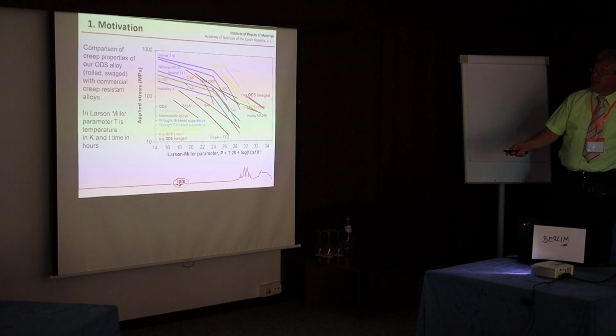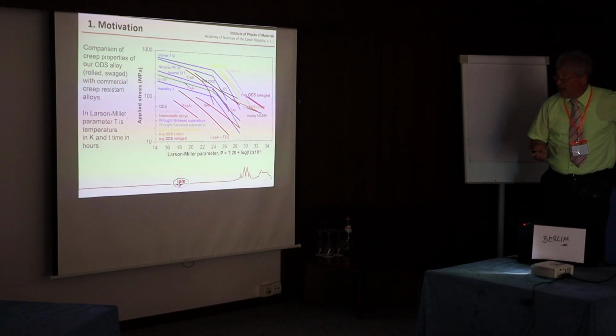You can see that it depends on temperature in Kelvin and creep fracture times in hours. And our aim is to move to higher Larson-Miller parameters and higher stress. So these are our results from two kinds of processing, rotary swaging and rolling. With the rolling we can get about similar values as this commercial alloy.